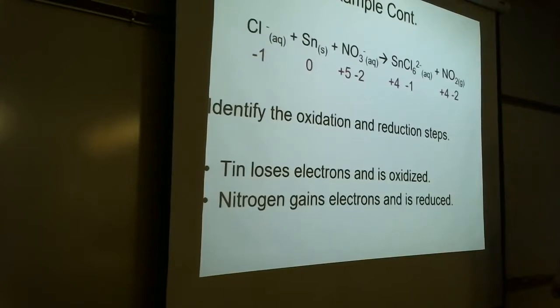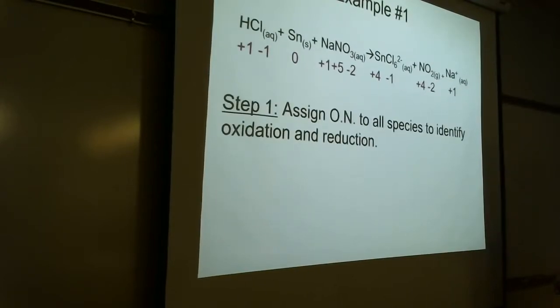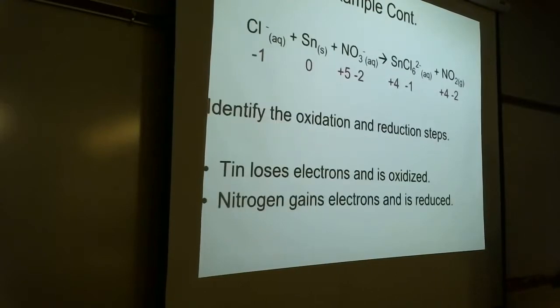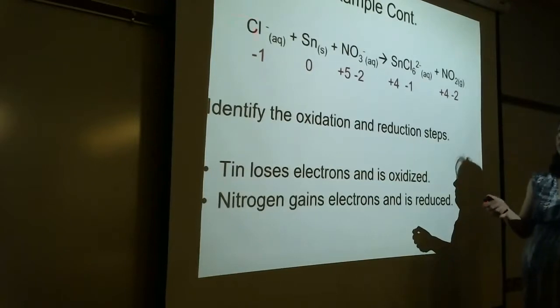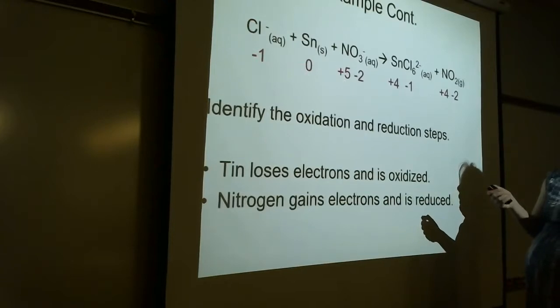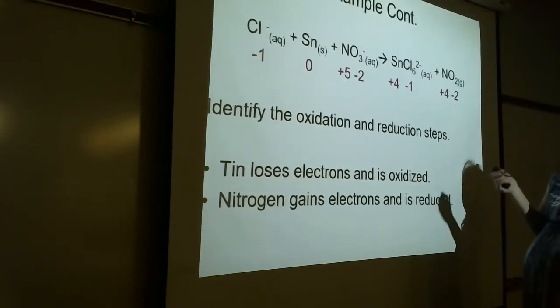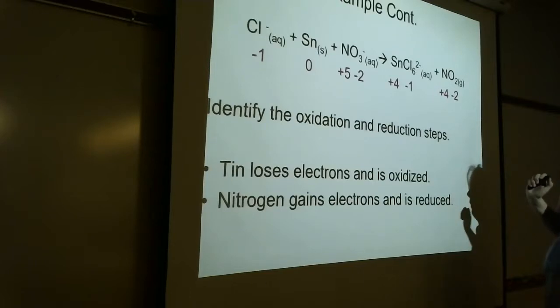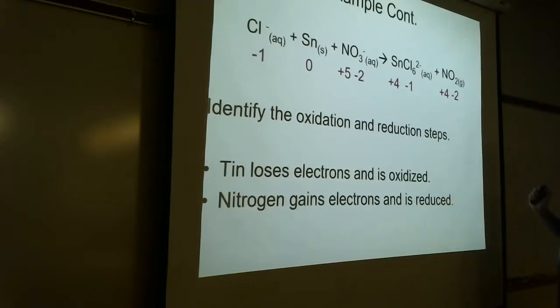And we're going to ignore some of the things. For instance, what did I drop? I dropped sodium, right? That's +1 and +1. Cleaned it up a little bit. So we've got -1, 0, +5, -2, +4, -1, +4, -2. So what's going on?